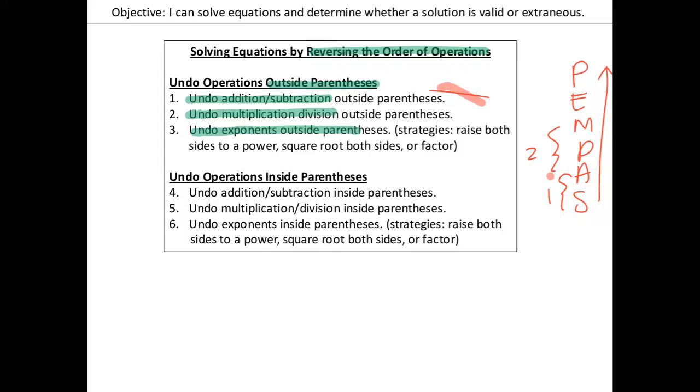If it's a square root, then you square each side, depending on what you're doing, okay? So you do all of that outside of the parentheses, and then you repeat it on the inside of the parentheses. You follow the same order. First, get rid of addition and subtraction, then multiplication and division, and then you get rid of exponents inside the parentheses, okay?